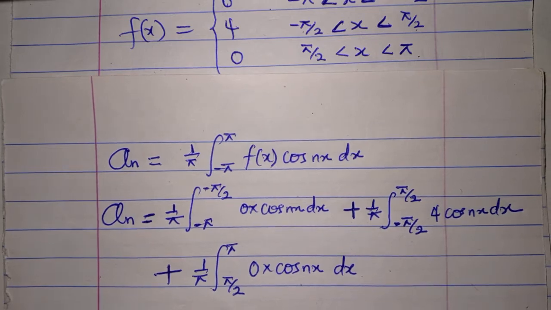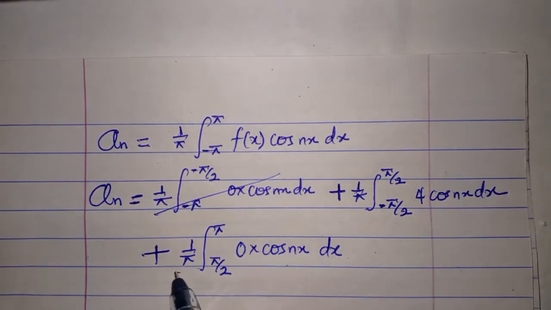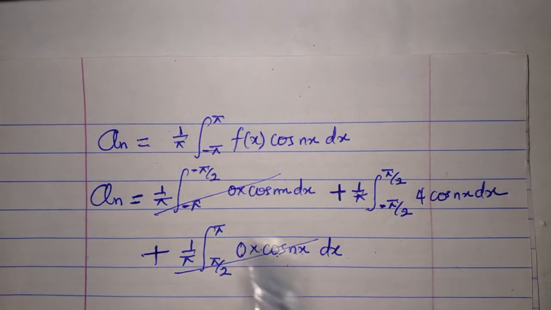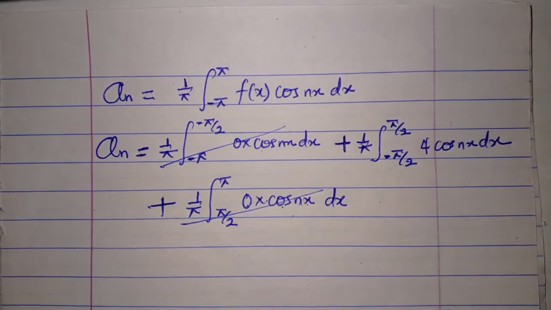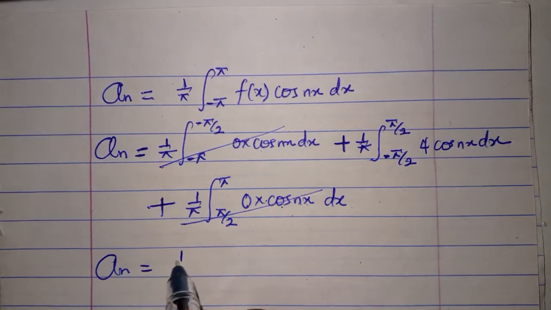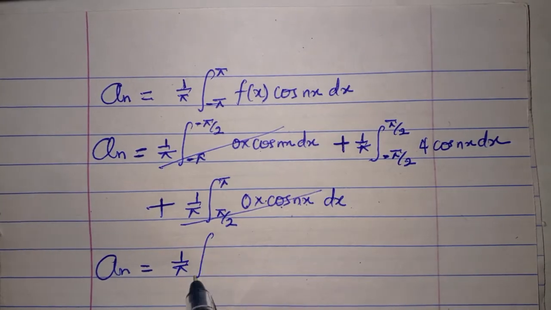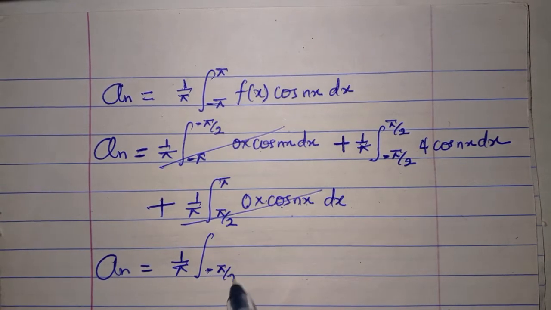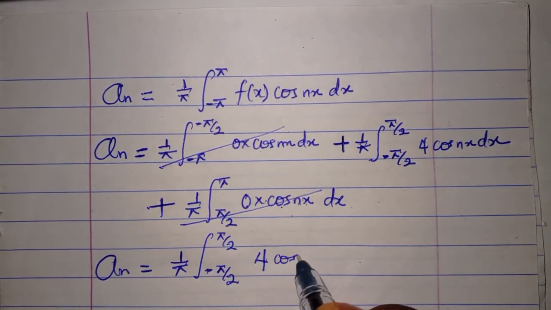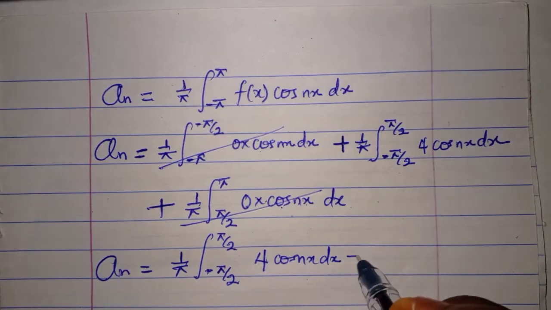So let's evaluate this. This is 0 and this is 0 as well, because 0 times cos nx is 0 and the integral of 0 is 0. The same thing here. So a sub n is now equal to 1 over pi times the integral from negative pi over 2 to pi over 2 of 4 cos nx dx.